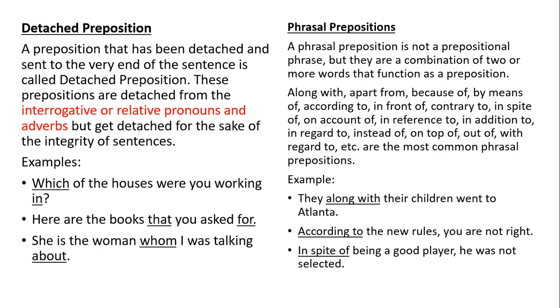But in case of detached preposition, or in case the sentence is interrogative or it has a relative pronoun or adverb, what happens is that the prepositions get separated from their noun, and in most of the cases they are sent at the back of the sentence.